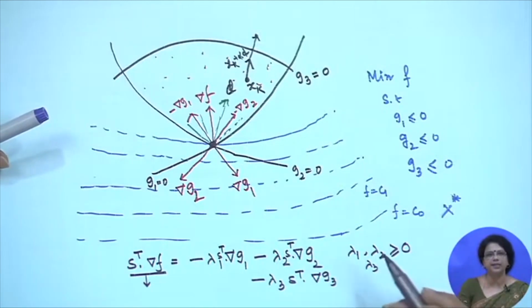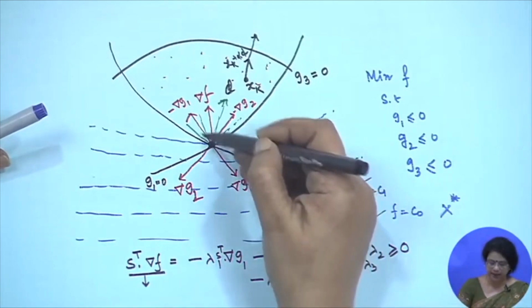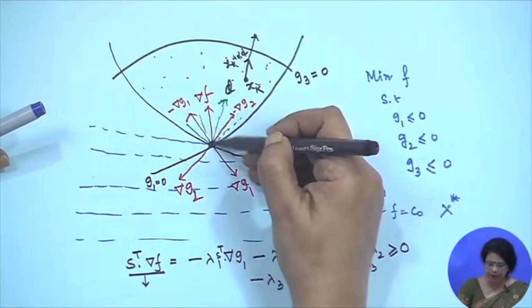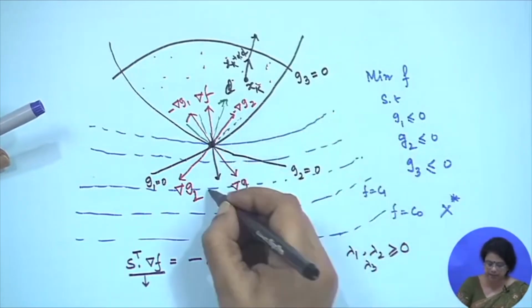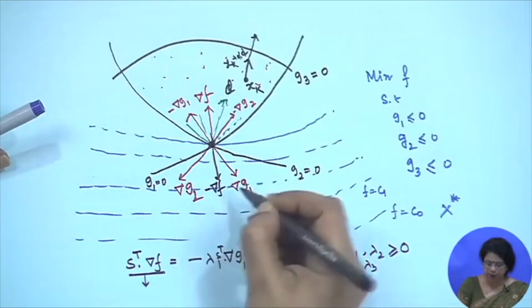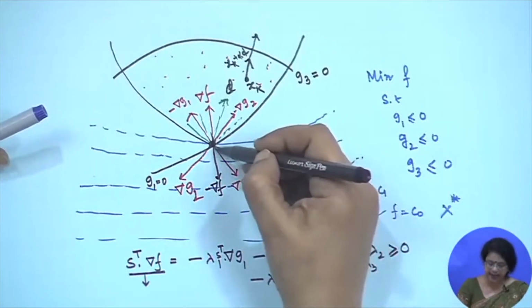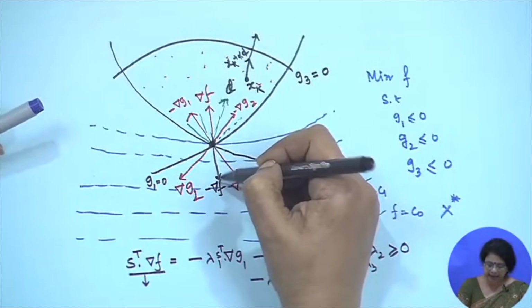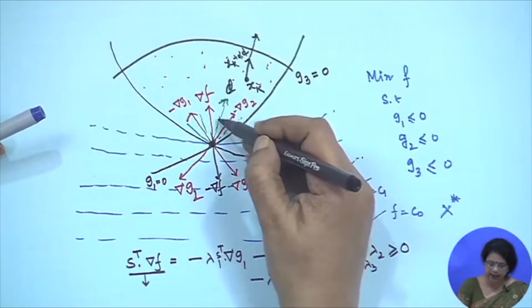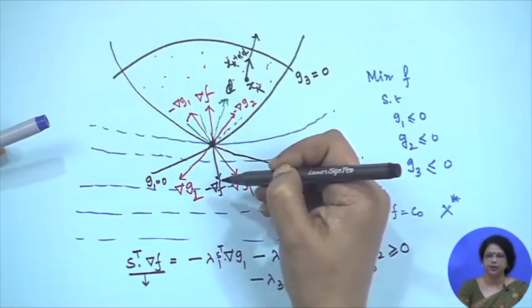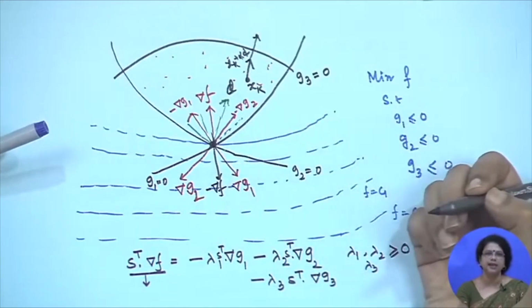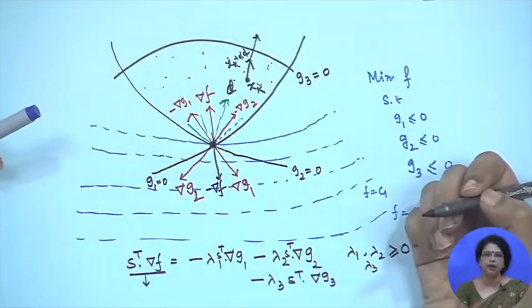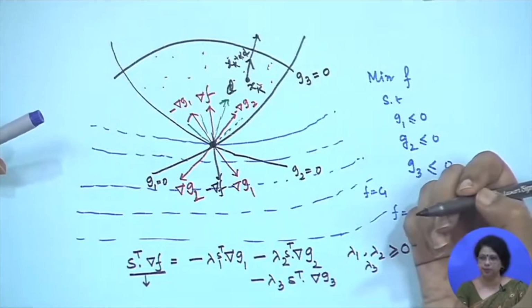But if I consider the opposite direction, just opposite to grad f, that is minus grad f. Okay? That is why we can say that minus grad f makes an obtuse angle with d.